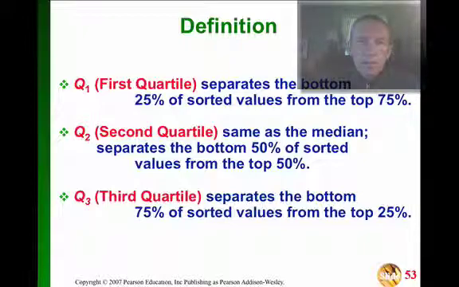Q2, the second quartile, which is really the median, 50% on each side. And Q3, the third quartile, which separates the bottom 75% from the top 25%.